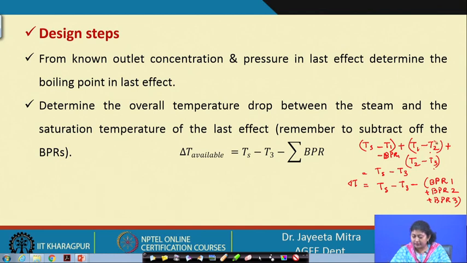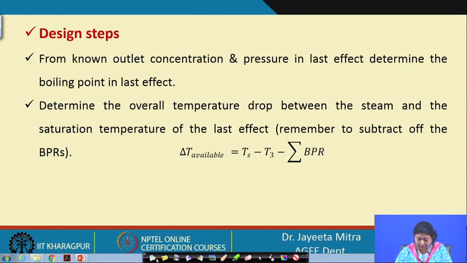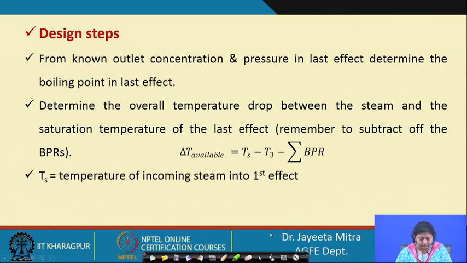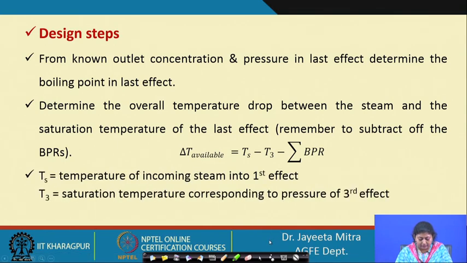Here also we will get T2 minus BPR2, and in T3 also we will get minus BPR3, right. So, all together we can take Ts minus T3 minus the summation of all the boiling point rises that have occurred in all 3 effects, right. This is how we can calculate the total delta T available. Ts and T3 are already defined.